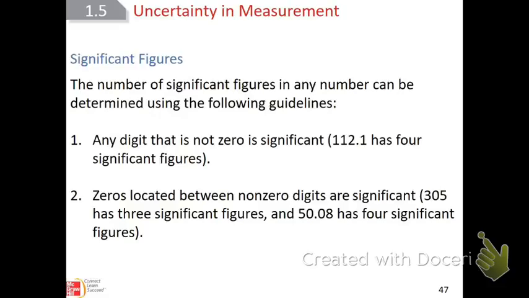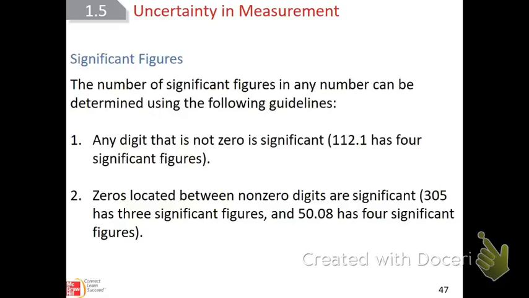And that's how I tell myself: is there a decimal? Yes. If there's a decimal anywhere in that number and zeros at the end, then yes, those zeros at the end do count. No, there's no decimal. No, those zeros at the end do not count. That's how it works. Yes, there's a decimal, yes, zeros at the end count. No, there's no decimal, no, zeros at the end do not count.